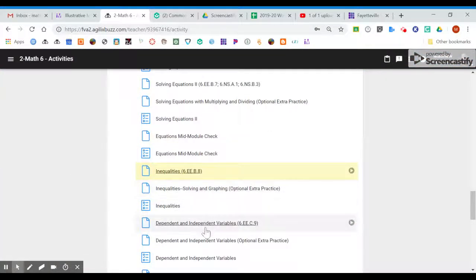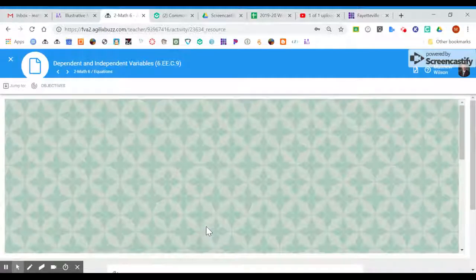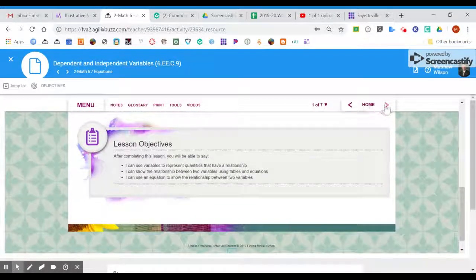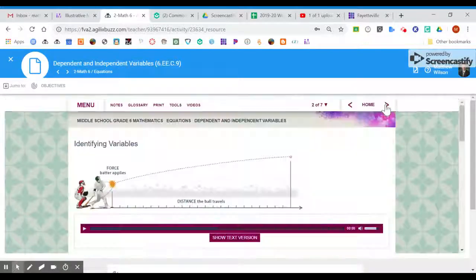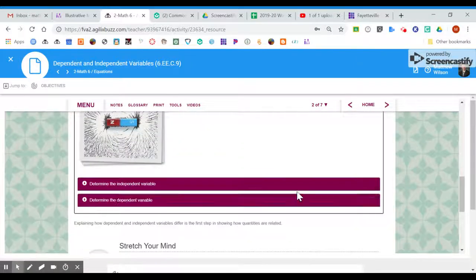Finally, with your independent and dependent variables, I want you to be able to explain the difference between an independent and a dependent variable. I also want you to be able to explain how you know which is which when given a table of data.